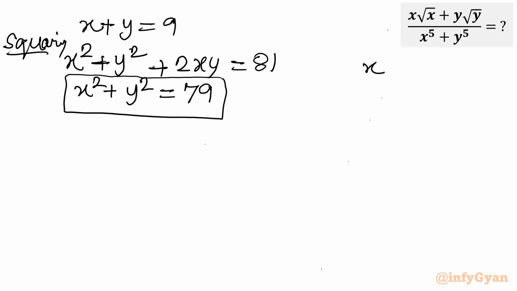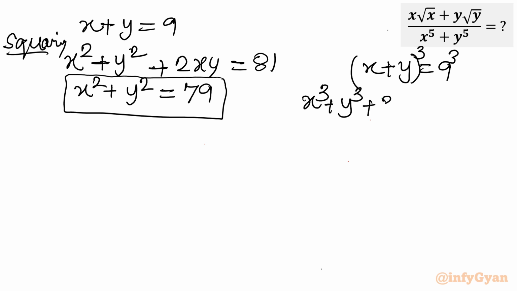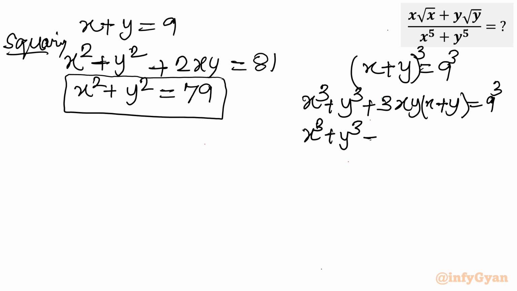Now I will consider the cubing of the same equation. Let's consider the cube both sides. I will write x cube plus y cube plus 3xy in bracket x plus y, equal to 9 cube. Let us put the values: xy is 1 and x plus y is 9, so 3 times 9 equals 27.